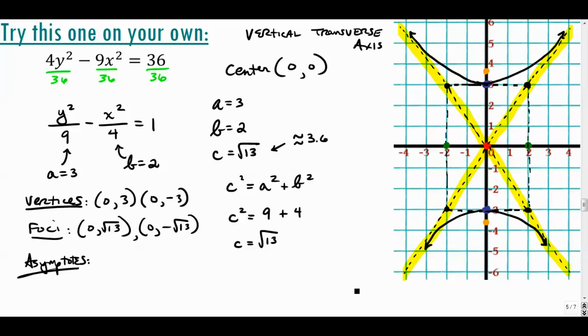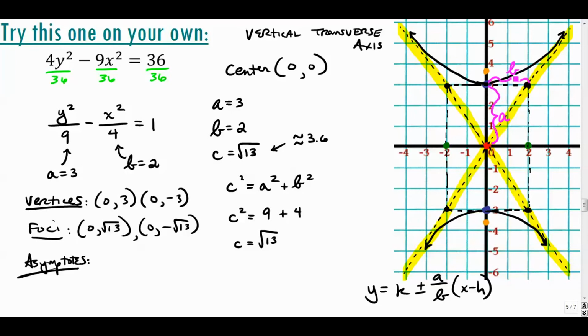So the equations for an asymptote are, in this case, plus or minus a over b. Now the reason it's different is because, think about it, this distance now from the vertex to the center, that's a. That's going to be our rise, and our run is from here to here, that's b.